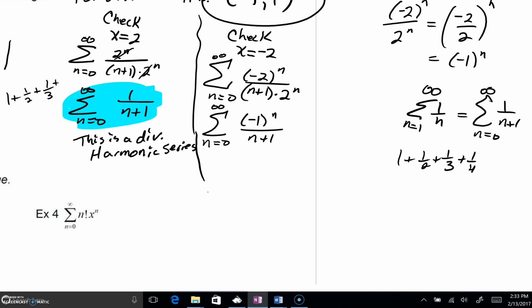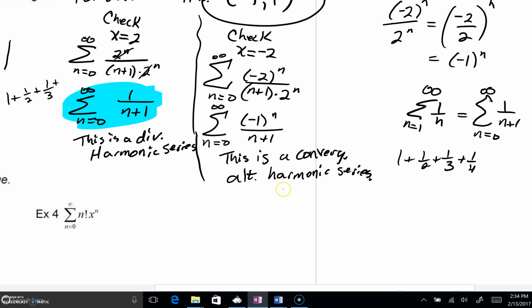What type of series is that? This is an alternating harmonic series. Yes, this is a convergent alternating harmonic series. Now, of course, you still could do the alternating series test, but this series is the most famous alternating series of all, the alternating harmonic.